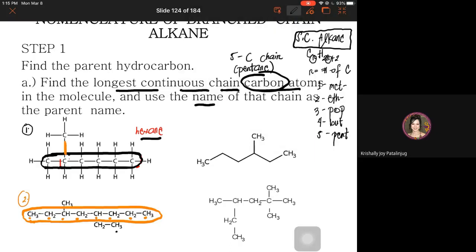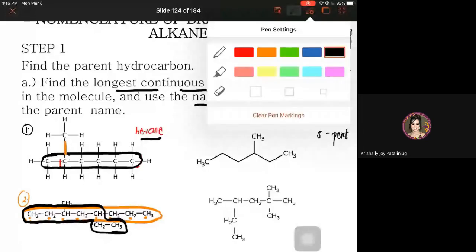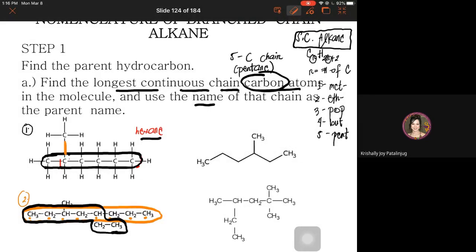By the way, when you find the parent chain, you start with a terminal end and end with another terminal end. If you choose another path, you only get 7 carbons. If you choose that as the parent chain, it is only 7. So that is not the parent.